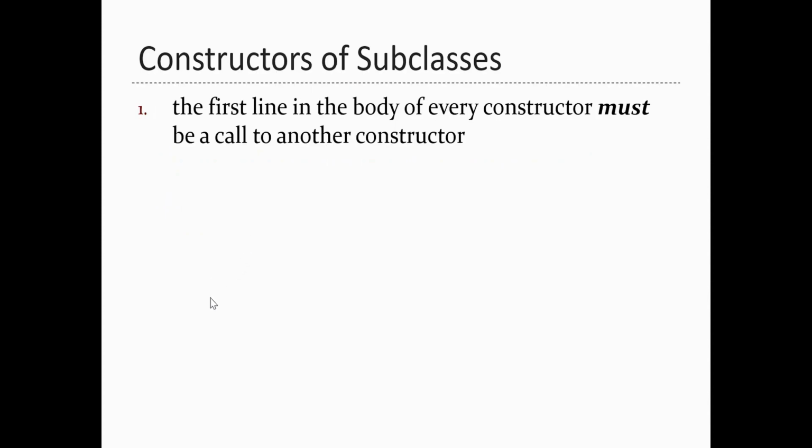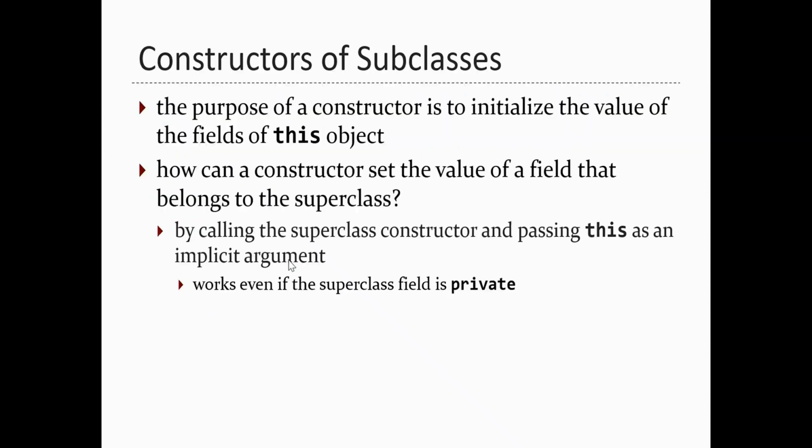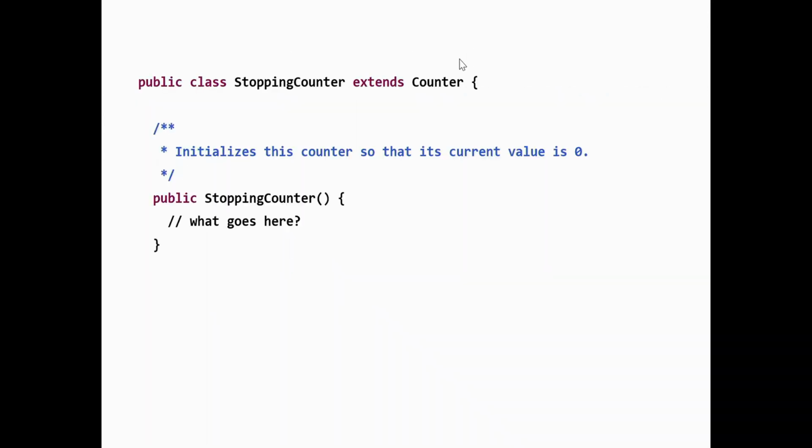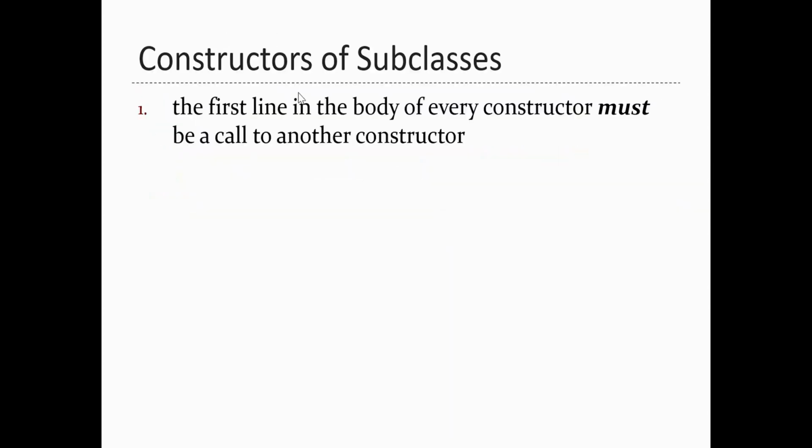Now there's a bunch of rules related to this. As soon as you create a subclass, you have to be aware of the rules regarding what your constructors look like. In a subclass, the first line in the body of every constructor must be the call to another constructor. That's rule number 1.